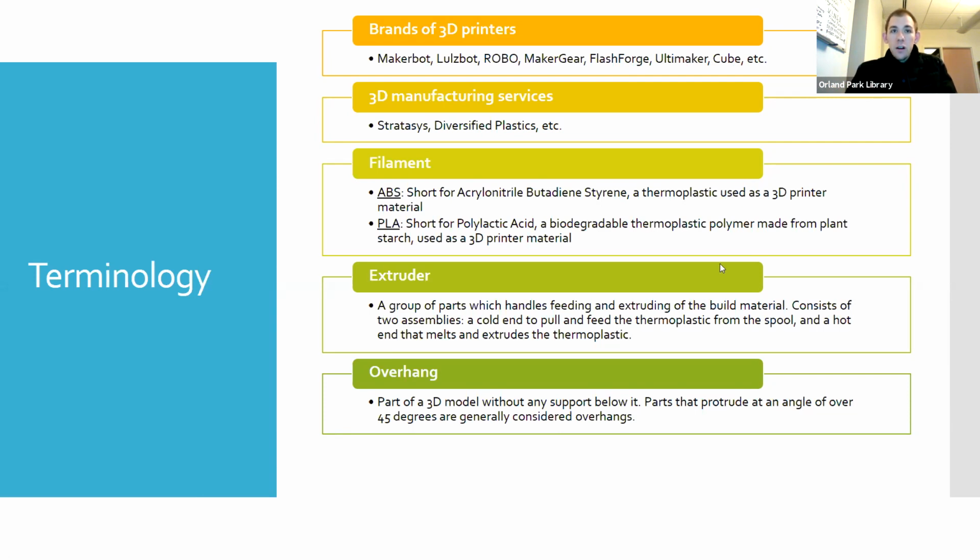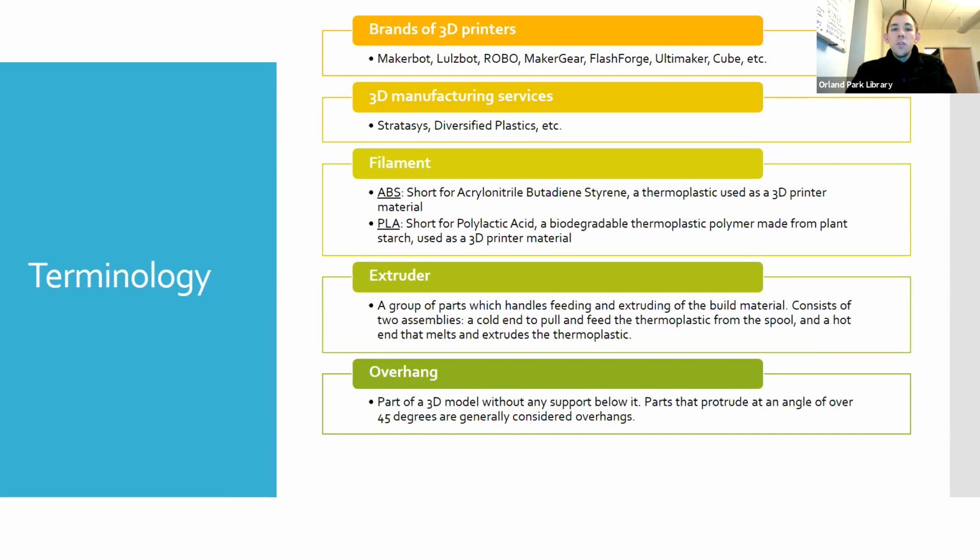And then there are many different 3D manufacturing services, whether it be Stratasys, Diversified Plastics, etc. So it's different services as far as what they use and what can be made from them. Then there's filament. Filament is the material that's used to make the 3D objects within the 3D printer.